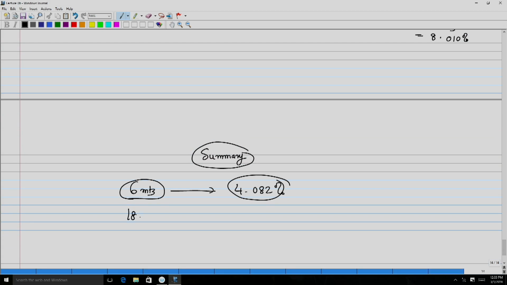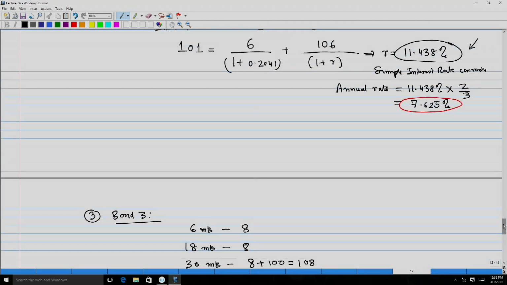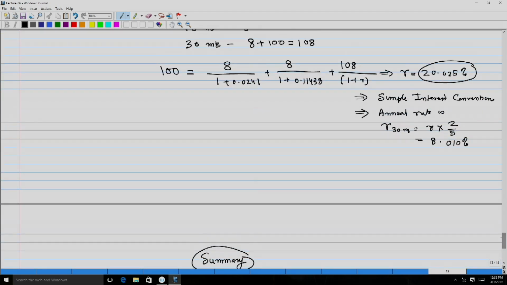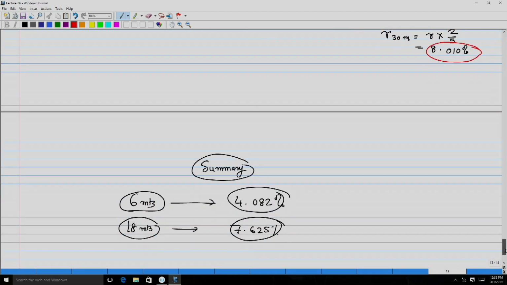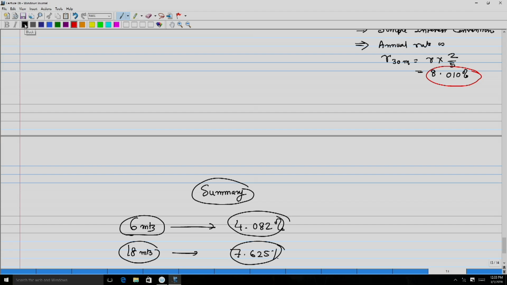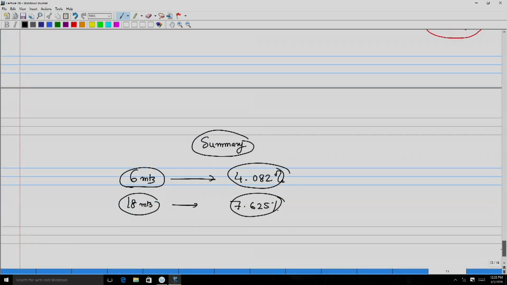Then in case of 18 months, the interest rate is 7.625%. Remember, this is the annualized rate that we got in case of the bond of 18 months. And finally, we have the rate of 8.010% that was determined for the coupon bond lasting 30 months.